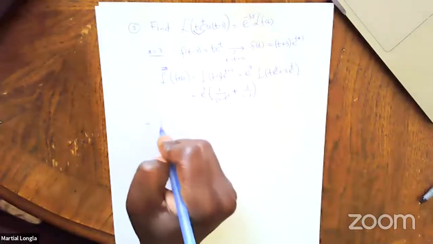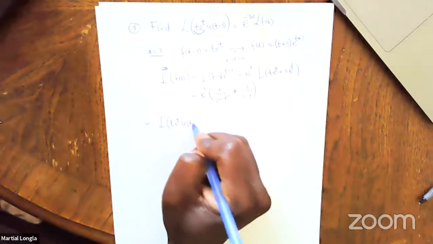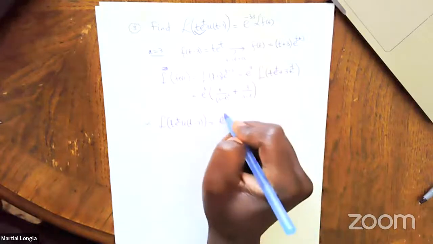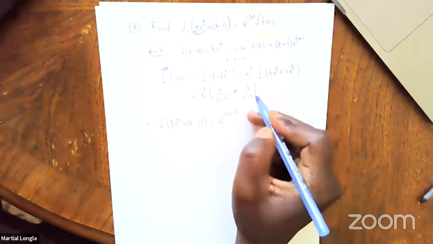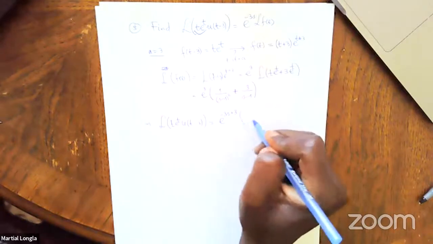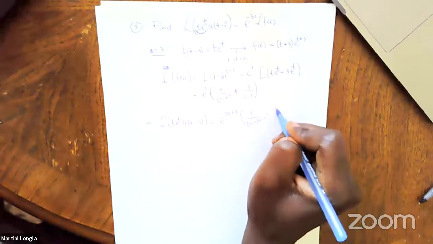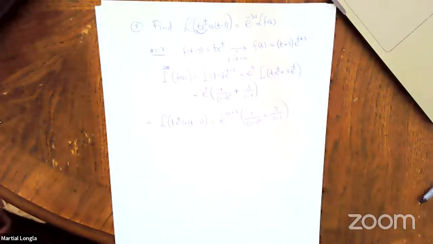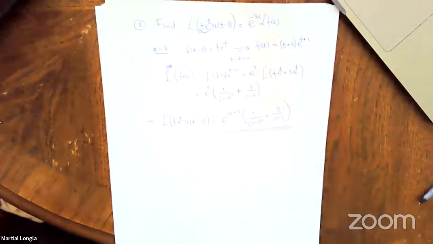So Laplace transform of t e to the t u of t minus 3 is equal to e to the minus 3s plus 3 times 1 over s minus 1 squared plus 3 over s minus 1. That's it. That's how you find a Laplace transform in this case.